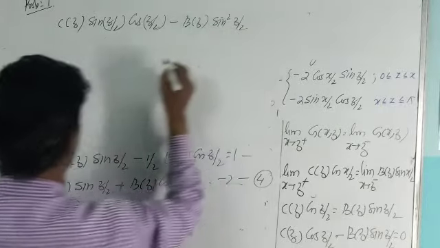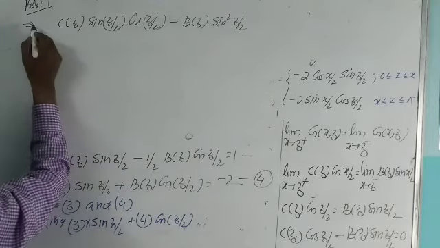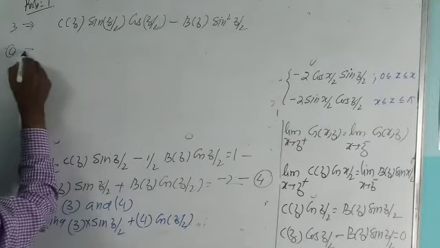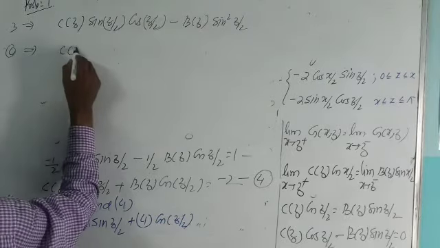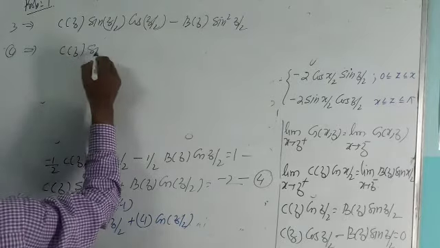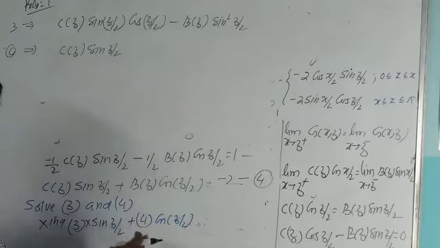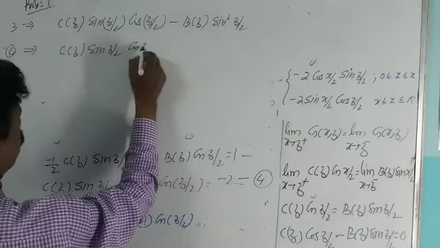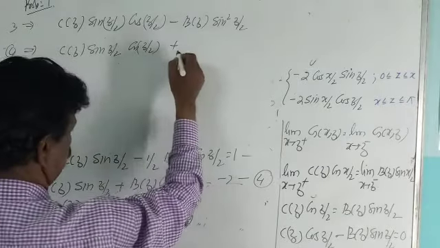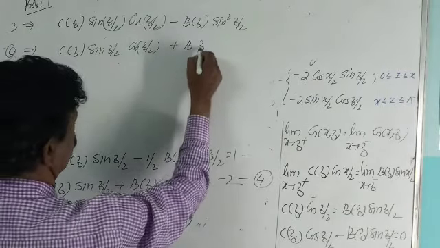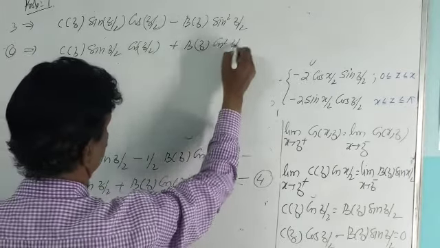And this is equation number 3. And next, equation number 4 becomes c sin z by 2 cos z by 2 plus b cos square z by 2.